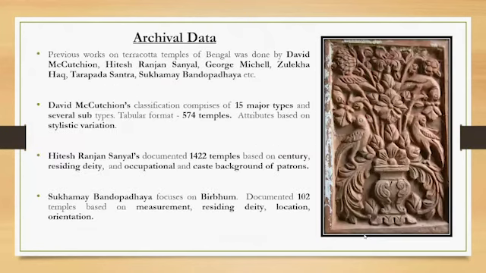Of all the scholars, David McCutcheon did the groundbreaking work of preparing the most exhaustive classification of these terracotta temples. Hitesh Ranjan Sanyal did an ethnographic interpretation of his data. The data of David and Hitesh will be the primary data for interpretations presented here.